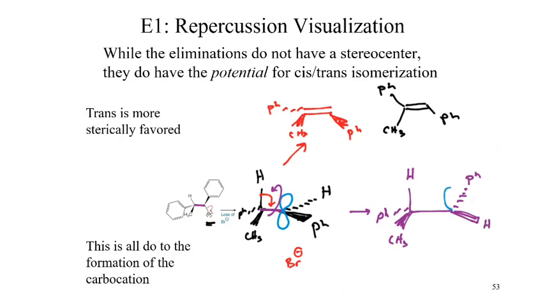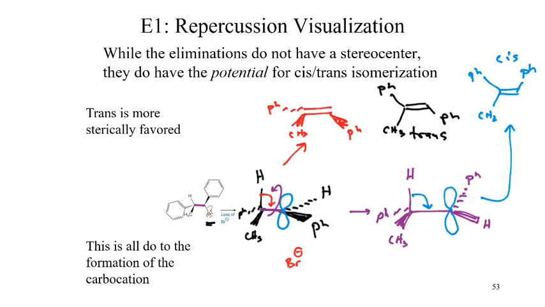So we're still maintaining that p orbital in the proper plane to do the reaction, and now we'll show it as blue. Our hydrogen could be removed to make that pi bond, and the end result we would get, after doing a slight permutation so that we could see it, notice the CH3 and the phenyl on the other side don't move, is that we would end up with the cis product as opposed to the trans.